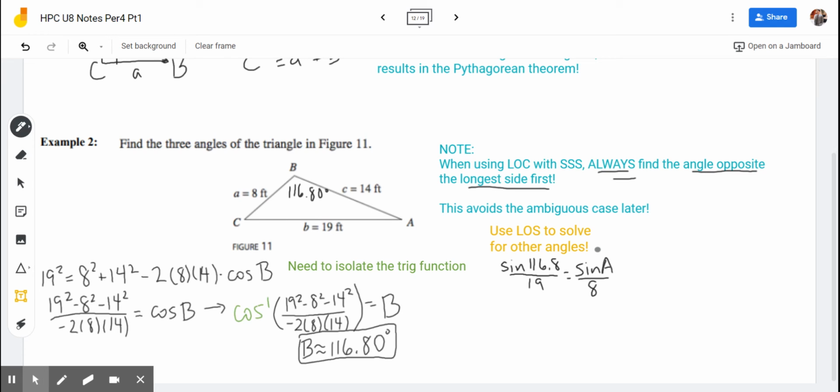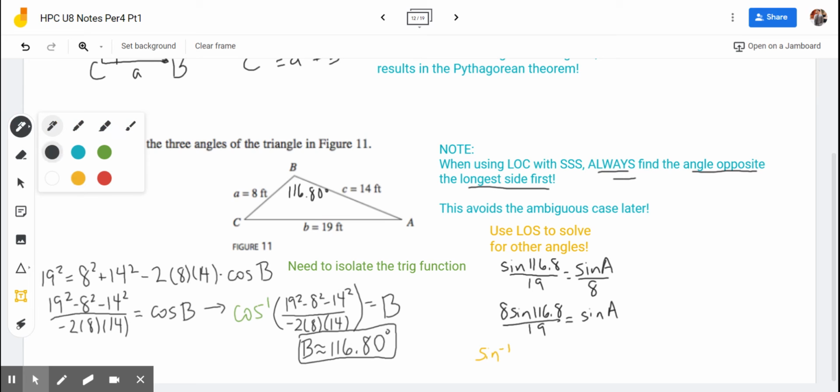When we multiply and solve here, we'll have 8 times sine of 116.8 over 19 equals sine of A. And then we would just take the sine inverse of this value, type that all into your calculator. 8 times sine 116.8 over 19. So angle A is going to be about 22.08.